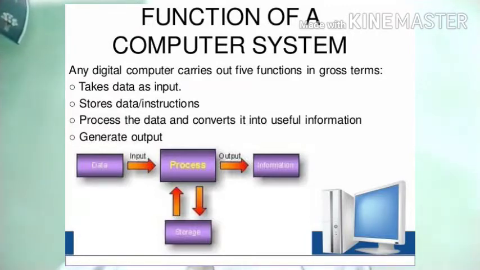So after output, the complete process of functioning of the computer is completed. So again we repeat it. First, input is given. Second, inputs are stored in the memory of the computer. Third, inputs are processed accordingly, and finally the result is given, that is called the output.